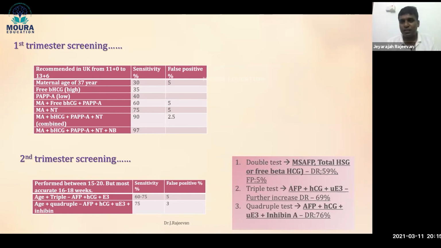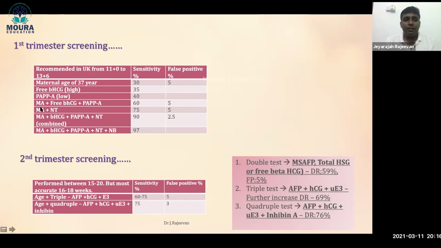Do you understand? You don't need to calculate. The computer will calculate and tell you the risk of Down syndrome. So here you can see, individually, age alone is 30%, HCG only 35%, but when you combine age, beta HCG, and PAPP-A, it goes up to 60%. The detection rate is going up.